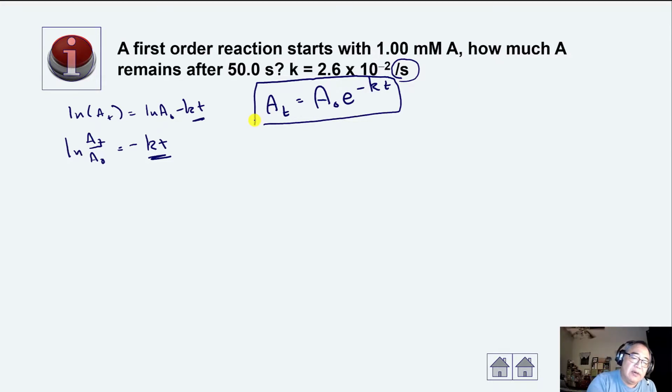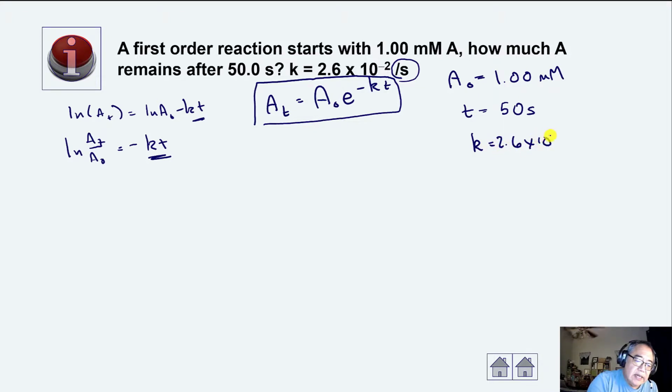So my A0, and it didn't say what units for molarity, so we're just going to leave it as millimolarity units. So 1.00 millimolarity units, and then T is equal to 50 seconds, and K is equal to 2.6 times 10 to the minus 2 per second. That could also be written as seconds to the minus 1.